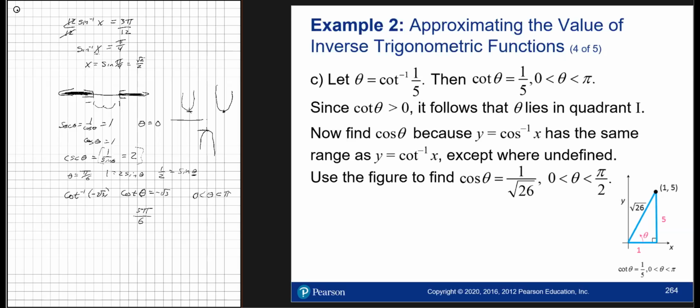So if I do the sine inverse of 4/5, so that means the tangent inverse of 4/3 is the sine inverse of 4/5. So I just replace the tangent inverse with this sine inverse.